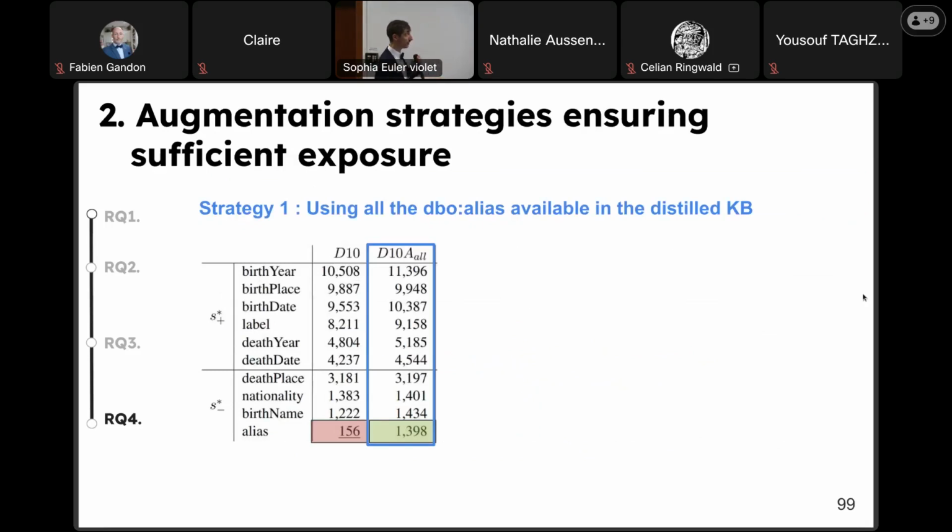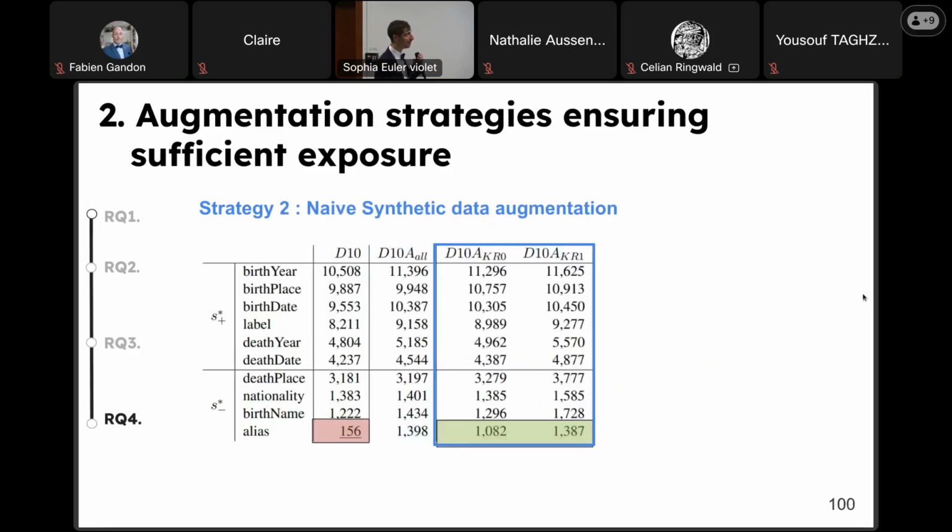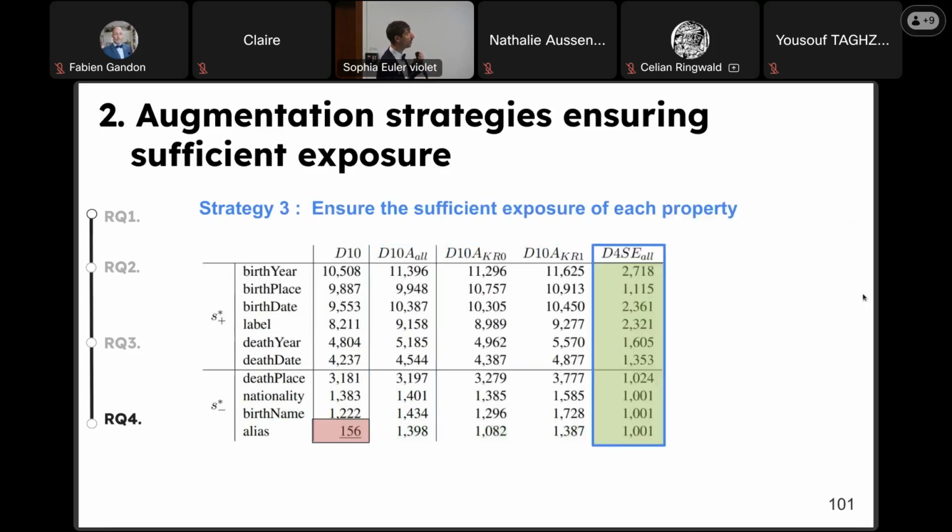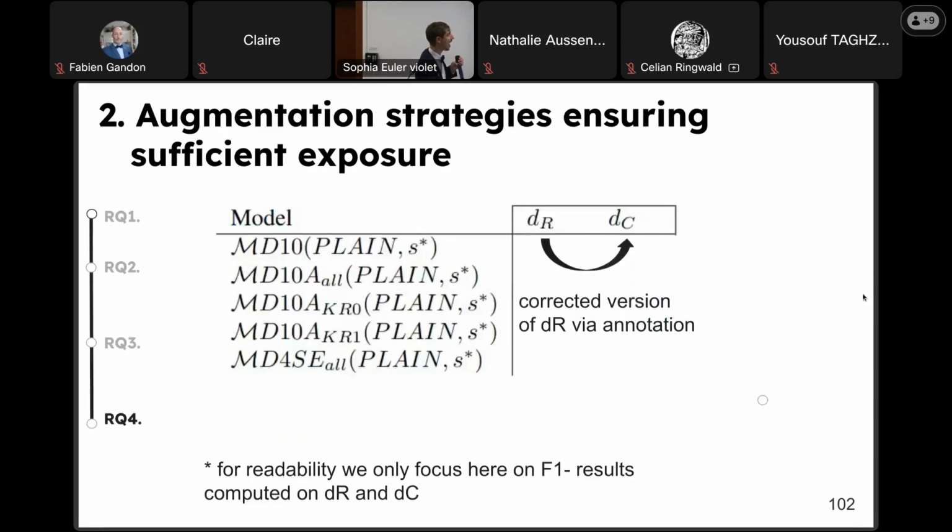The two second strategies are based on naive synthetic data augmentation, and thanks to this strategy, we are able to reach these 1,000 exposure thresholds. Finally, in our last strategy, we propose to iteratively sample each property to reach this threshold for each of these. And the results are now analyzed given two test sets.